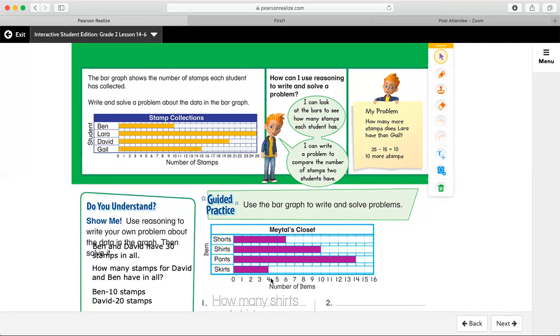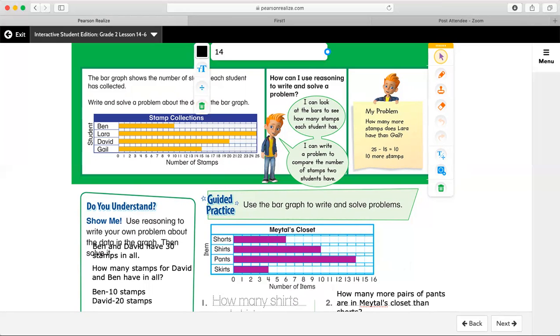And so since we did an addition problem here, I'm going to try and figure out a problem that would have to use subtraction. So I'm going to say, how many more pairs of pants are in Maytal's closet than shorts? So I'm going to be focusing on the bottoms in her closet, pants and shorts. So I'm going to look here, and she has 6 pairs of shorts, and she has 14 pairs of pants.